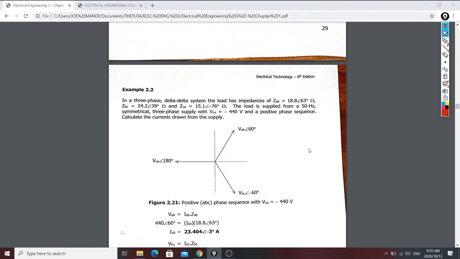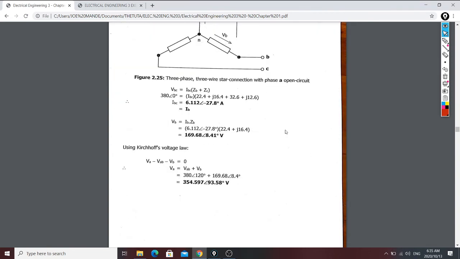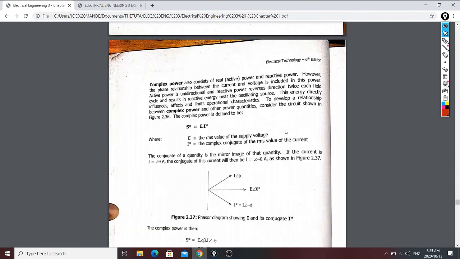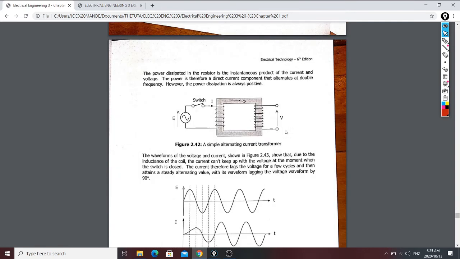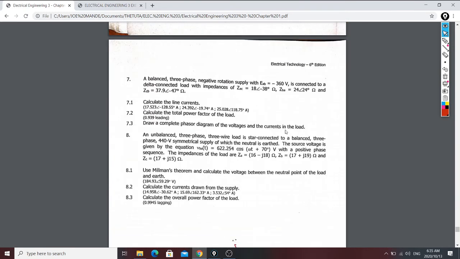Okay, so we're gonna have a look at some examples, some exercises as well, so that we can have an idea on how to deal with delta. Okay, so let's go and take some exercises, and under our exercise, we're gonna have questions 7, 10, and 11. Those are the ones we are going to solve.